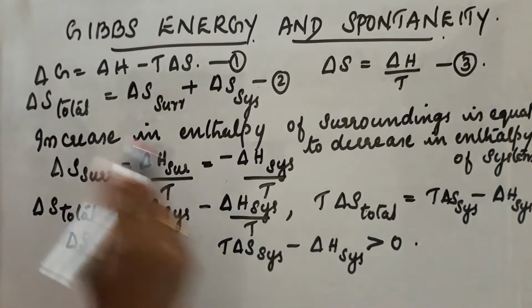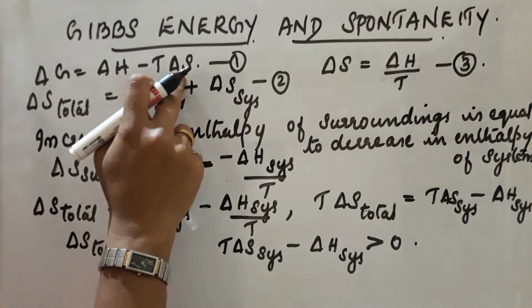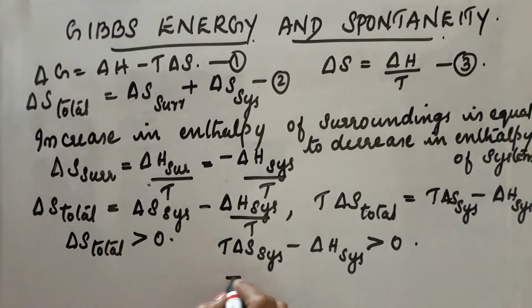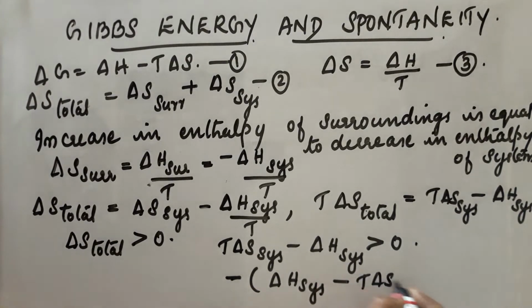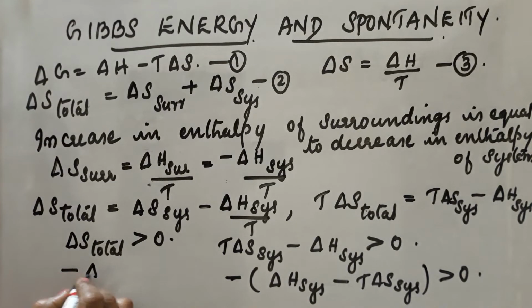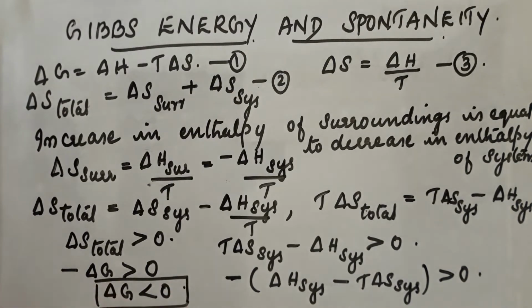And we know delta G is delta H minus T delta S. So minus of delta H of system minus T delta S of system is greater than or equal to 0. Now, this is delta G. So minus delta G is greater than 0, or we can write delta G is less than 0. This is the condition for spontaneity.